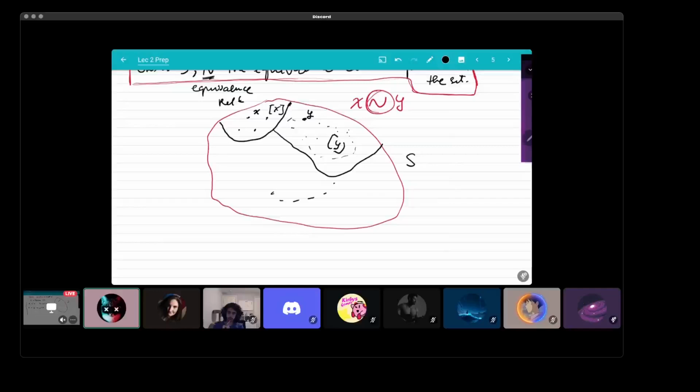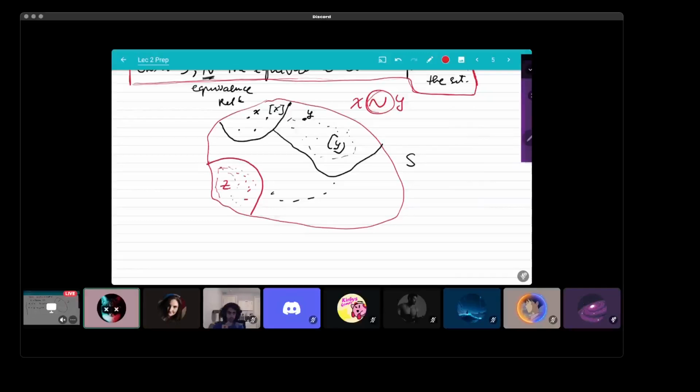And this little visualization is not exact, but shows kind of why it works. Say I took an element z, I regrouped everything that's similar to z.